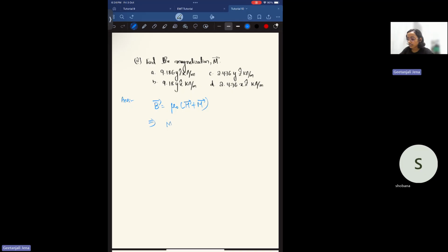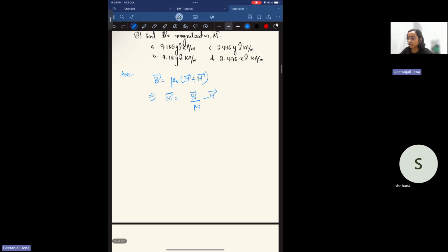So from this you can write M is B by mu naught minus H. And B you can write as mu H for the linear material. So that means this is mu by mu naught minus 1, times H.